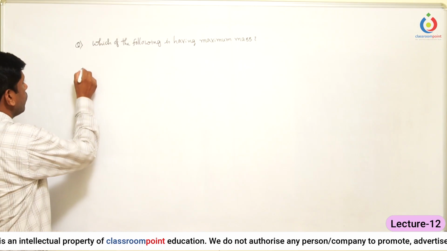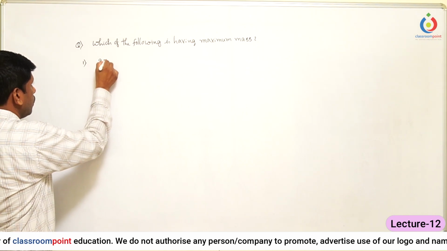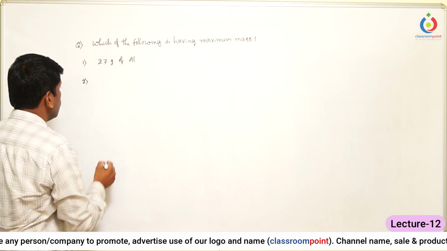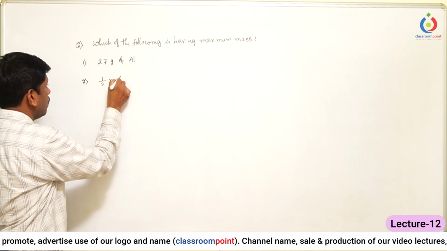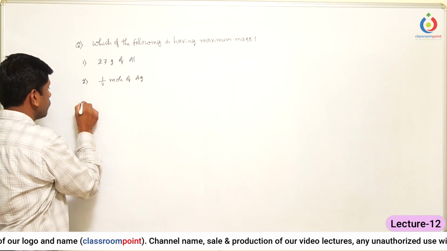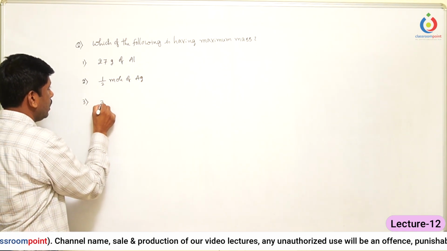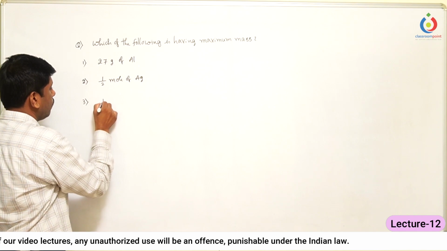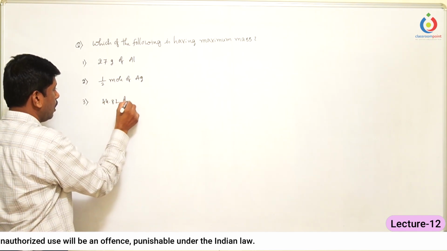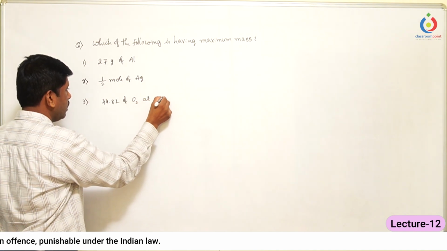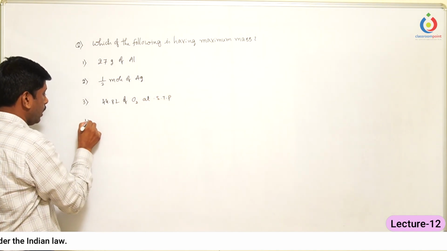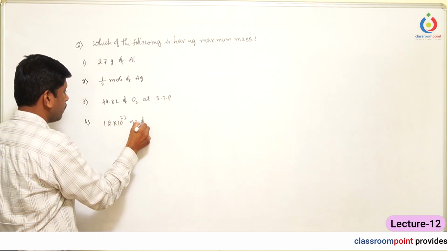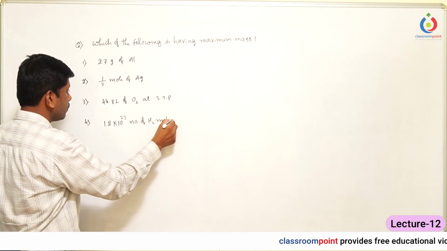Options are given: 27 grams of aluminum; half mole of silver; next, 44.8 liters of O2 at STP; and fourth one, 12 into 10 power 23 number of H2 molecules.